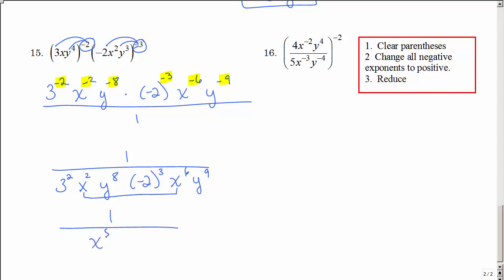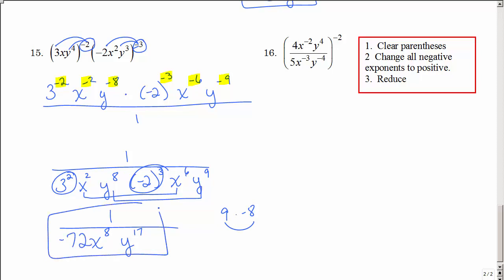Keep the base, add the exponents. The y's. Keep the base, add the exponents. Now what is 3 squared? Well, that's 9. What's negative 2 times negative 2 times negative 2? That's negative 8. If I multiply that together, that's negative 72. That's your answer. Now keep in mind, negative numbers we can keep just where they are. It's the negative exponents that we have to move.